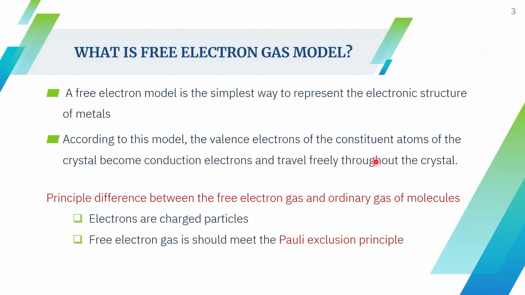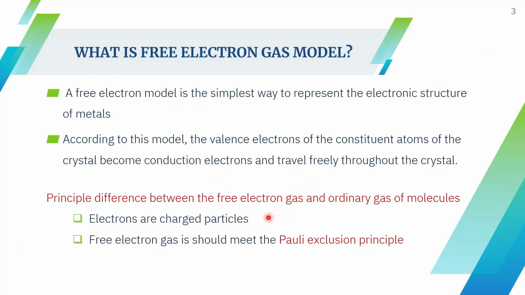So, there are certain principal differences between the free electron gas and the ordinary gas of molecules. The very first difference is that electrons are charged particles. In order to maintain the charge neutrality of the whole crystal, we need to include positive ions.